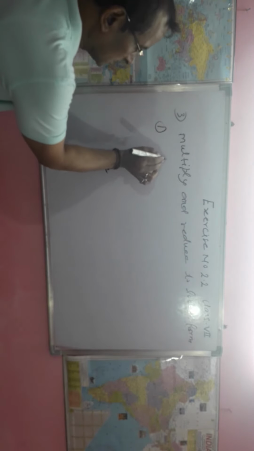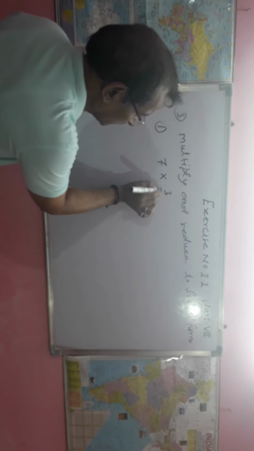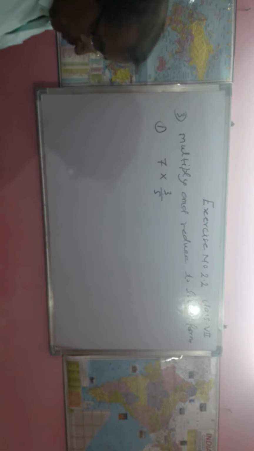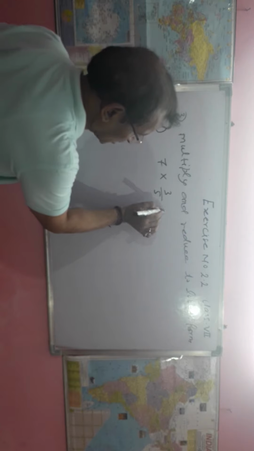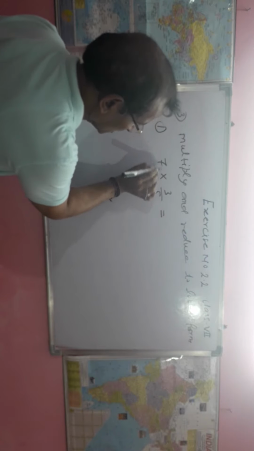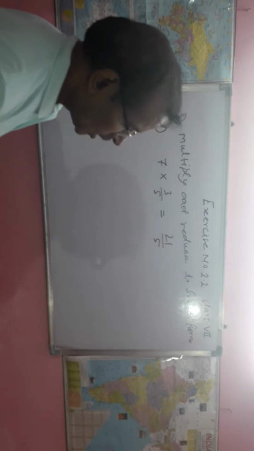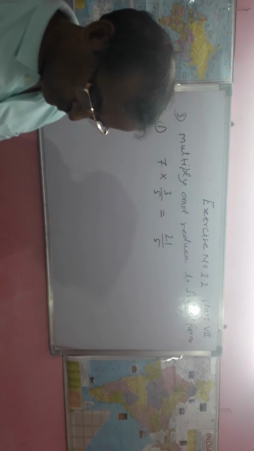First of all we take 7 multiply 3 upon 5. We have to multiply only here, but this is not reduced to lowest form. 7 times 3 is 21 upon 5. Or we can write it as a mixed fraction.